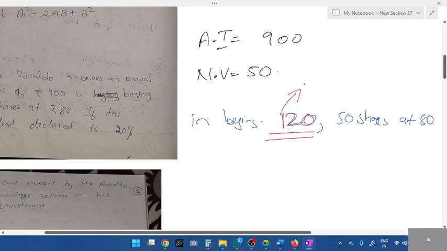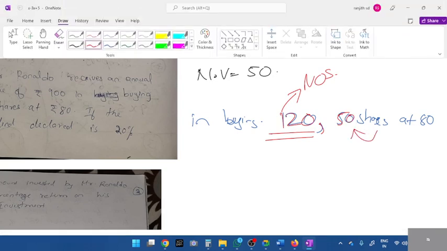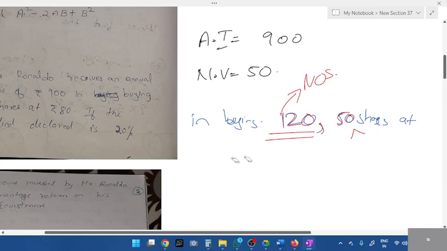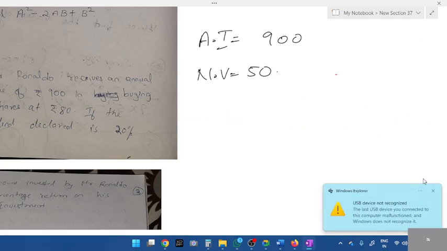This is known as number of shares. This is where you'll get confused. In buying 120, 50 shares, which means nominal value is 50. Okay, because of that one thing, even if you know the method and formulas, because of that one value, the entire answer is wrong.